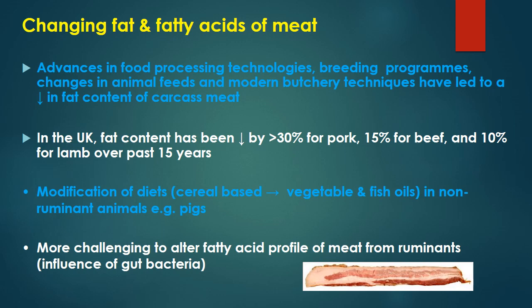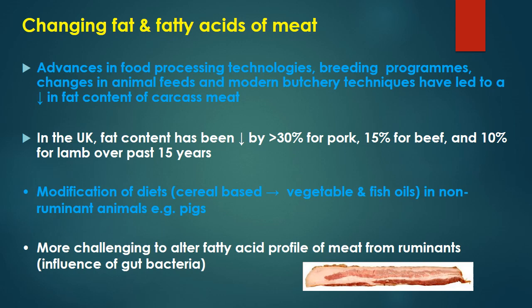By changing the processing of food, we can reduce the added fat; in breeding programs there is some change in the animals which will deposit less fat; changing the feeding pattern can reduce it; or by butchery techniques where all visible fats are removed and we market only lean meat. All this has been successful in reducing the fat content.